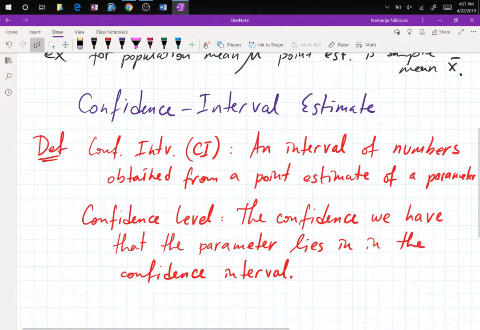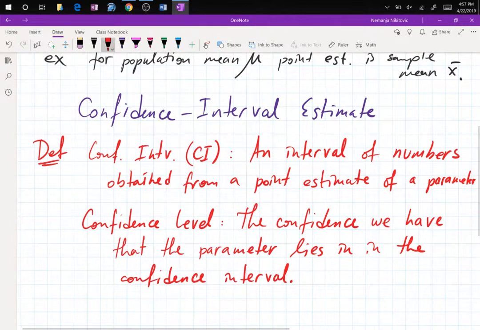And then the confidence interval estimate is just these two things combined, so I put that as a title. So confidence interval is these two. There we go.